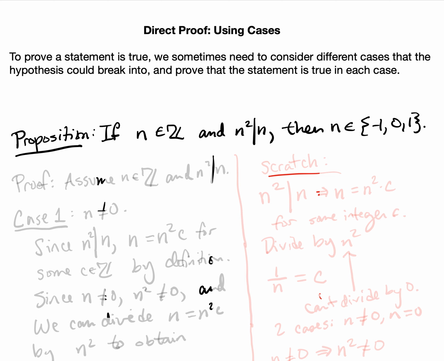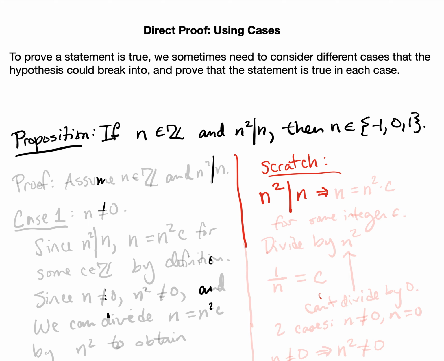Suppose we want to prove the following proposition: if n is an integer and n squared divides n, then n is either -1 or 0 or 1. To prove that's true, let's first do a little scratch work on the side, because the angle isn't necessarily obvious. What does it mean for n squared to divide n?